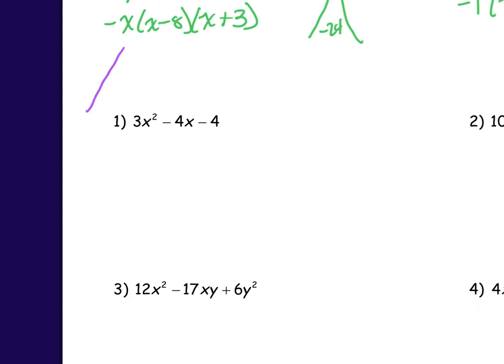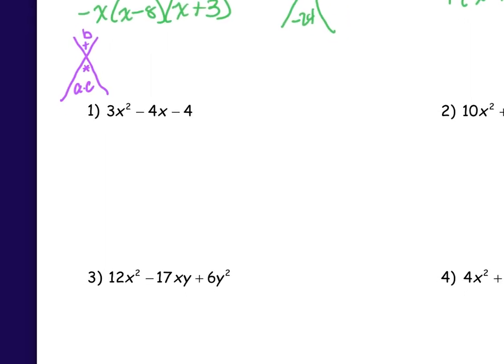I'm going to use the numbers that multiply to be a times c and still add to be b. It still adds to be b, it doesn't matter. So this is where I'm going to use my box, if you remember. I'm going to factor using the box. Good. And if you don't remember, we're going to go over it.